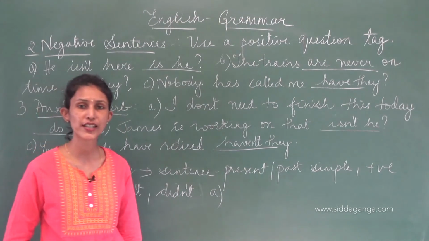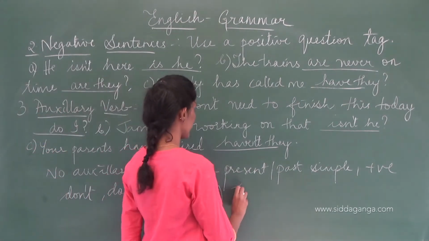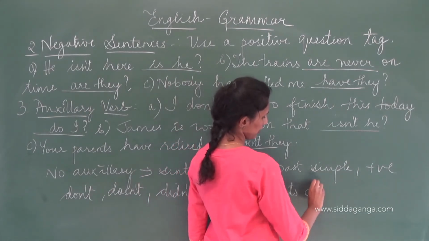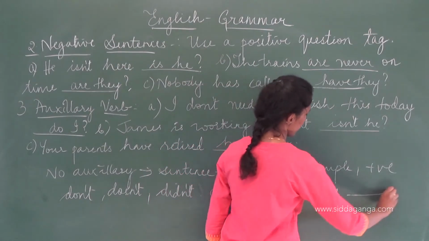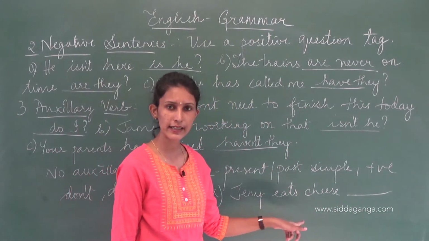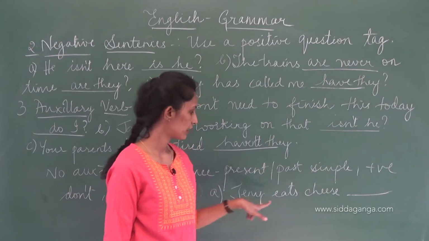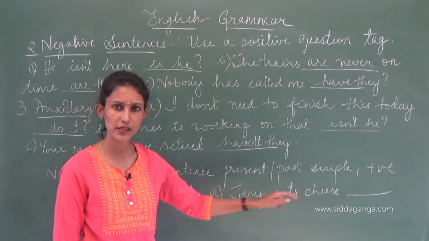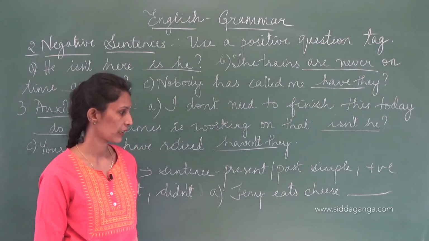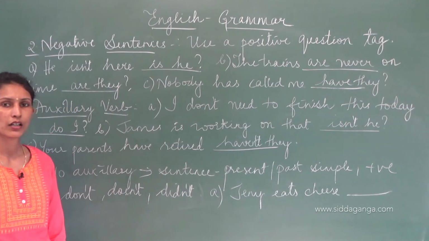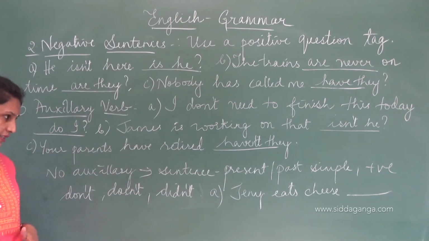Jenny eats cheese. Now, there is no auxiliary here. Eating itself is a verb, it's an action there. Jenny eats cheese. Can you see, no auxiliary? Without an auxiliary also the sentence makes sense. Now, what are we supposed to use? The sentence is in present simple.